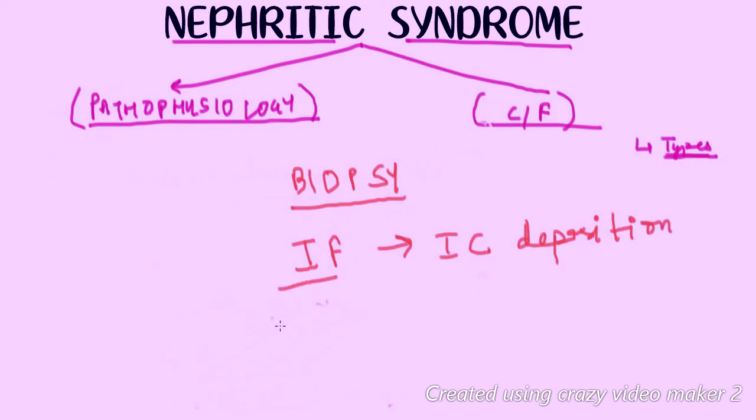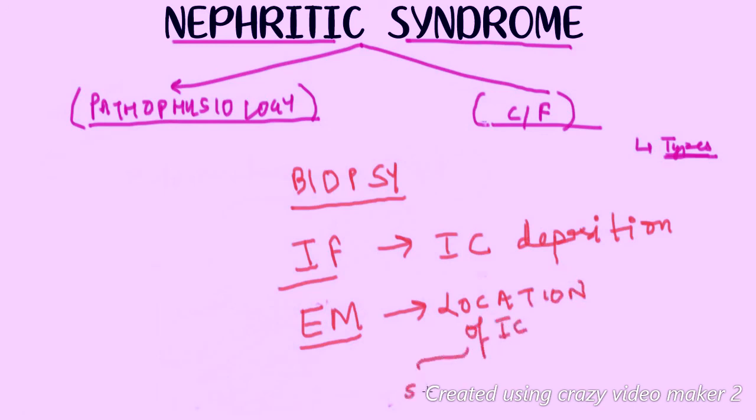And after the immunofluorescence we will have the last resort, which is the electron microscopy, and this electron microscopy will tell us specifically the location of the immune complexes. So where are the immune complexes located, whether they are subepithelial, whether they are subendothelial, or whether they are intramembranous.